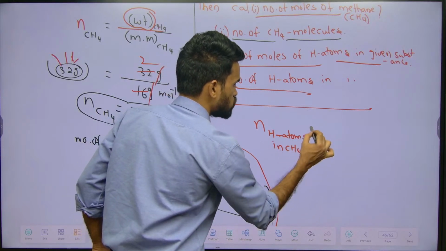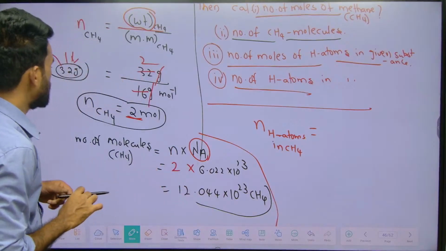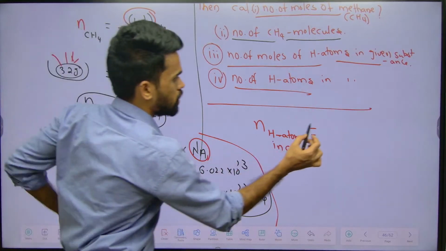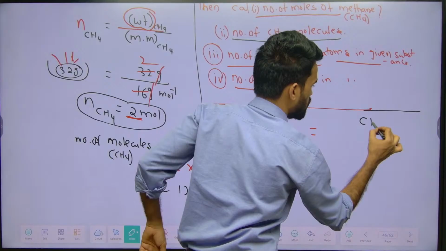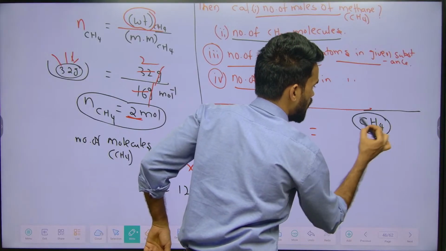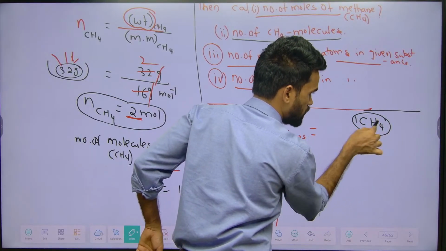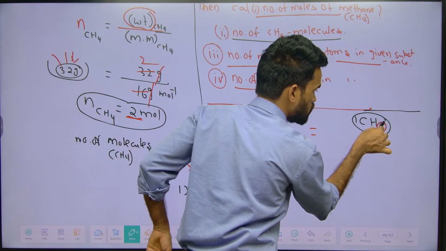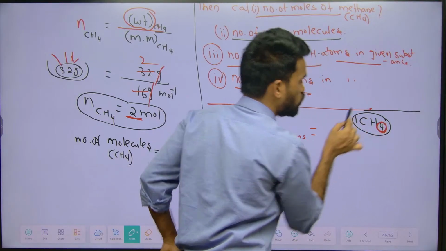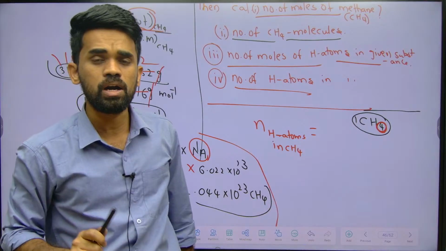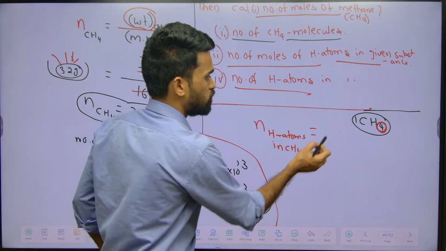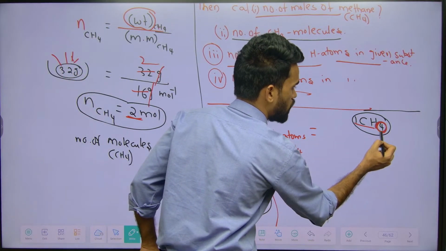It is very simple. In one methane molecule there are 4 hydrogens. That 4 is called the atomicity of hydrogen.